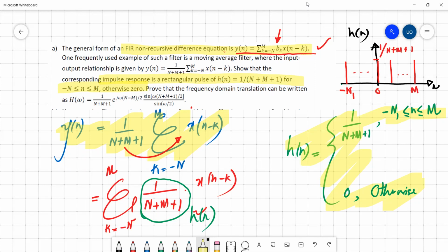Then it's asked to prove the frequency domain translation can be written like this, so this H(omega) can be like this. How do you get this one? We know that this is your h[n]. It's a double-sided sequence because it goes from minus n to plus m. So how do you evaluate H(omega)?